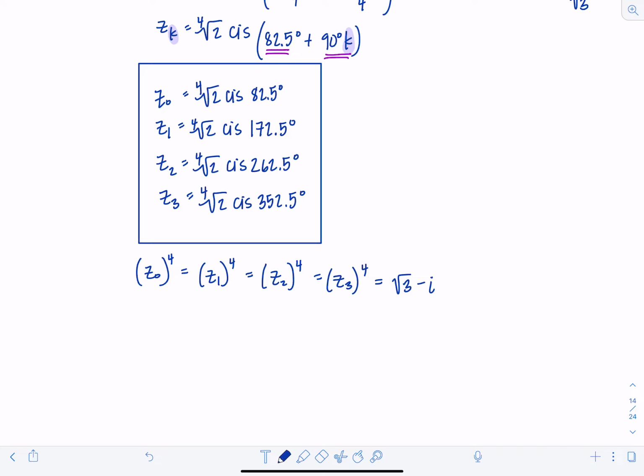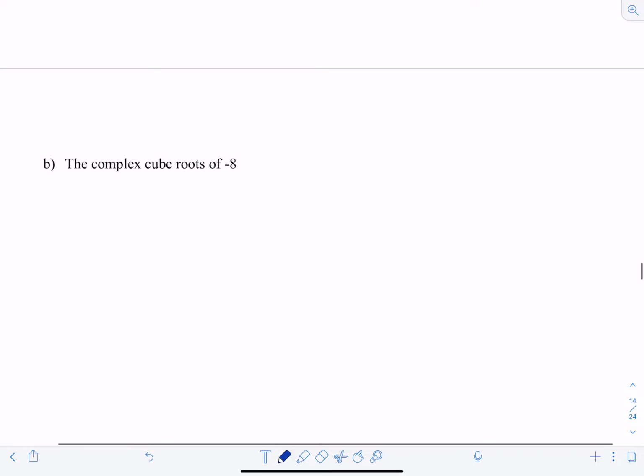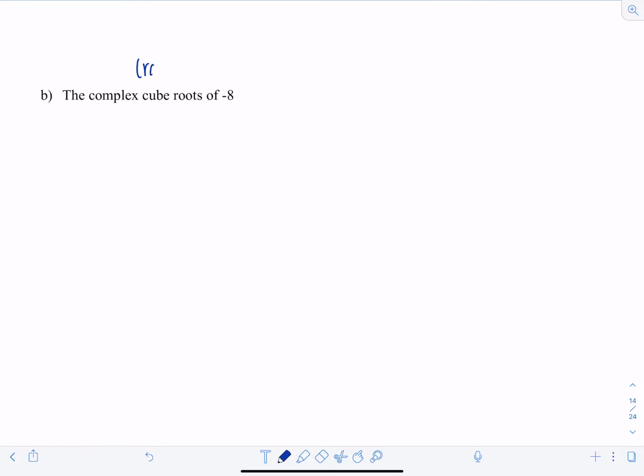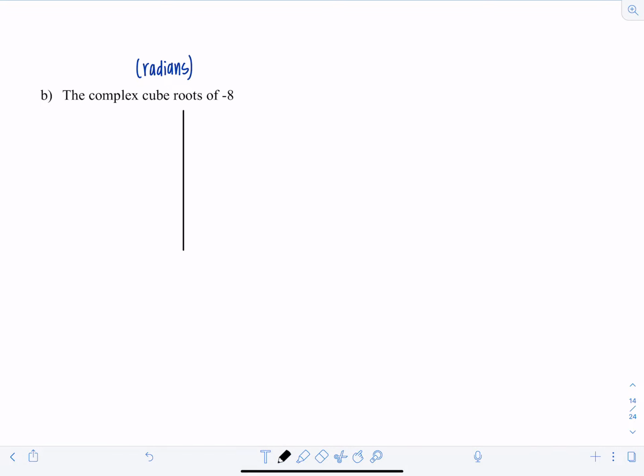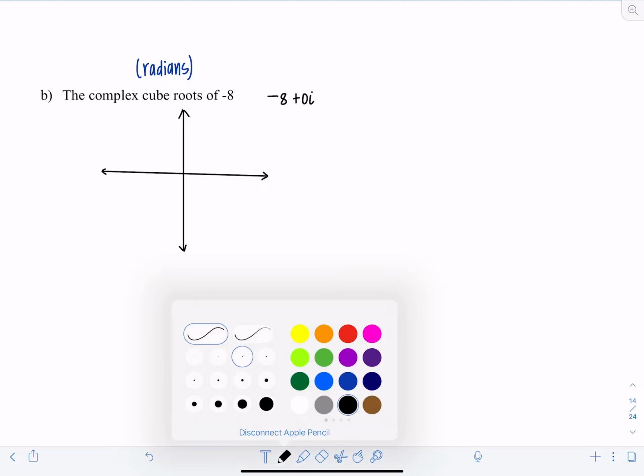Let's do one more. This time let's do it in radians. Why not? We'll do this one in radians. So find the complex cube roots of -8. Well, notice -8 is a completely real number. So that means if I were to write it in standard form, it's the same as -8 plus 0i, right? Well, where would that be?